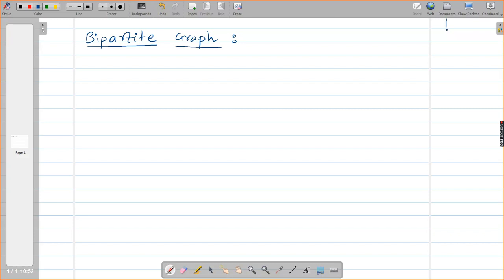Okay. So let us first write the definition. Let G(V, E) be a simple graph. Again, I am reminding you all that the types which we are having are basically for simple graphs. So there is no loop and there are no parallel edges.